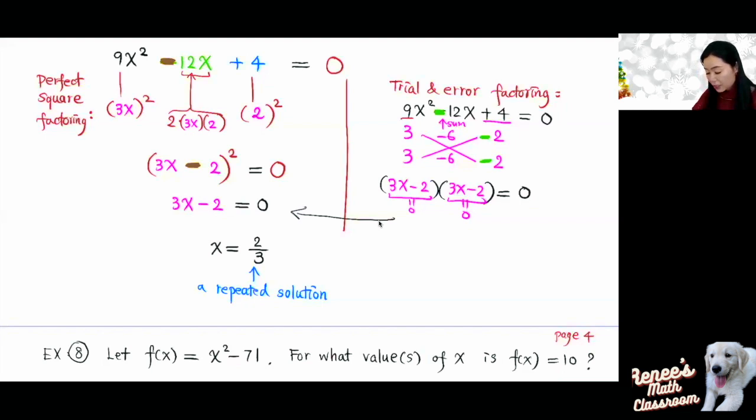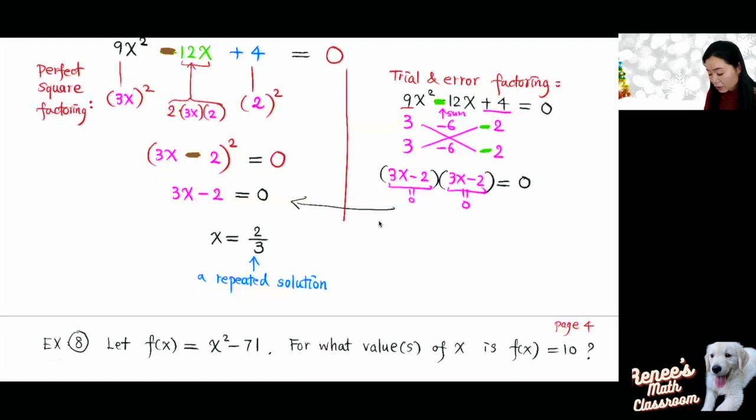For this equal to 0, x equals 2 over 3, and for this equal to 0, x equals 2 over 3. Both of them give the same solution, so it's called a repeated solution, because the two factors, 3x minus 2, are the same.